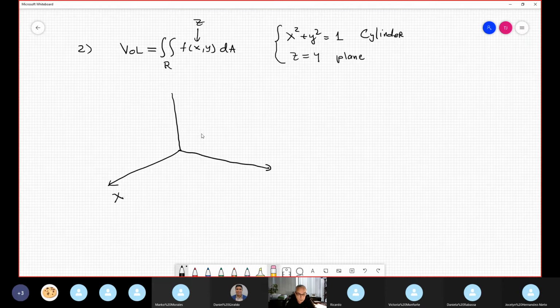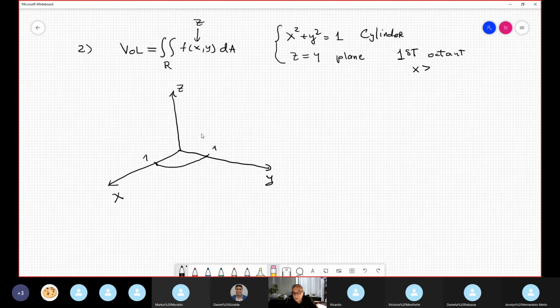This is x, this is y, this is z. Okay, then first of all, we have a cylinder with radius 1. Wait, I forgot something important. It's in the first octant, sorry, octant, not quadrant.